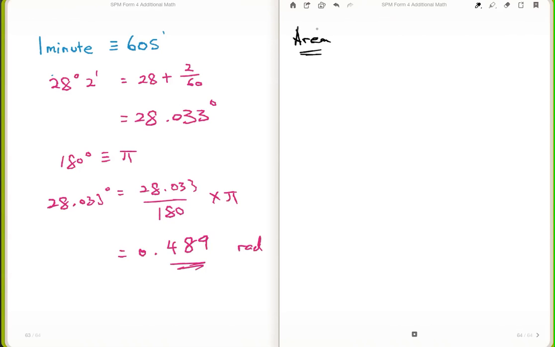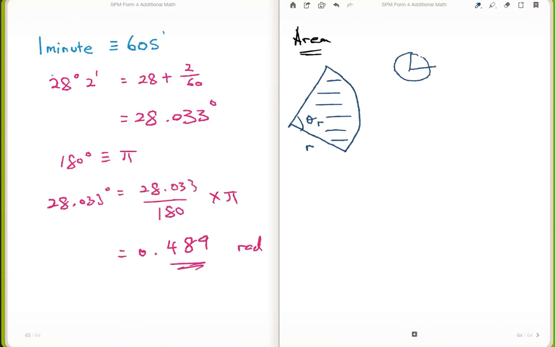Now, by definition, again we start with a sector. Given angle in radian is always important, and radius. This small piece is one part of a circle.